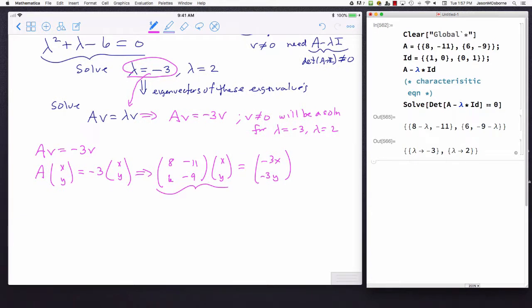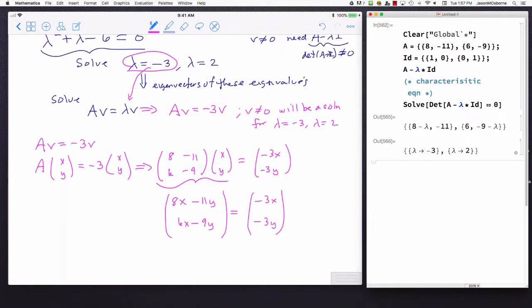Continue on and multiply this matrix out. You'll get 8x minus 11y, that's the first entry of the vector, and then you'll get 6x minus 9y, and that's supposed to equal negative 3x, negative 3y. This is specifically for the eigenvalue negative 3.